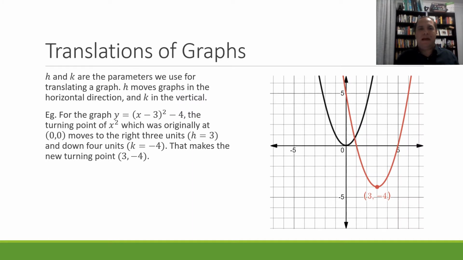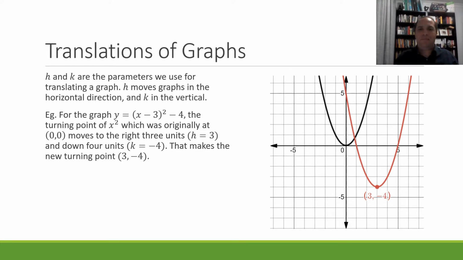We used h and k to refer to the changing of a turning point for a parabola. Now, more generally, h and k just refer to how far left or right in terms of h, horizontal, or up and down, that's our parameter k, we move our function.